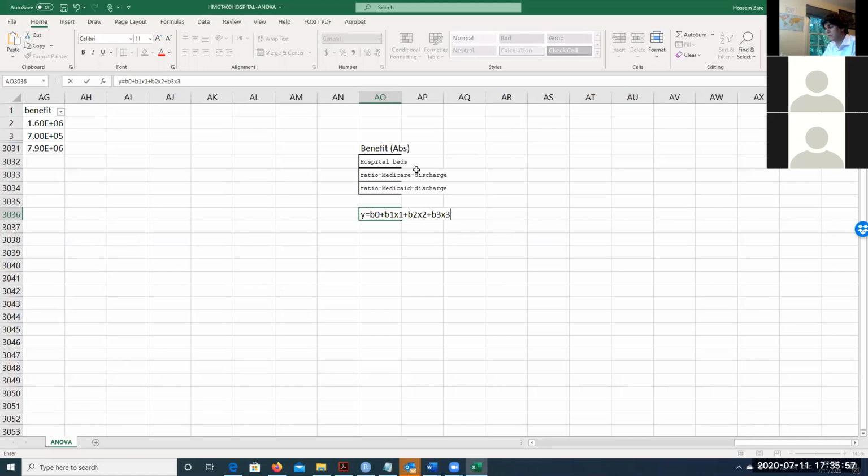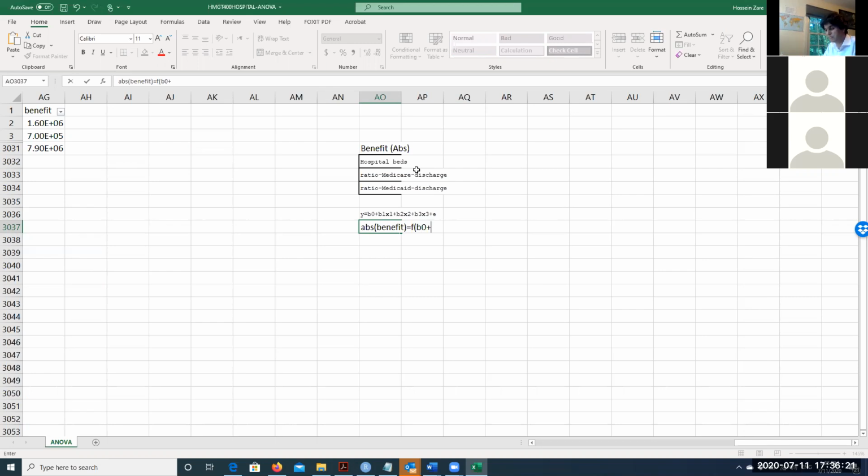And the y here is the benefit, the absolute value for benefit, as a function of beta naught, you don't need that, so it will be created automatically.